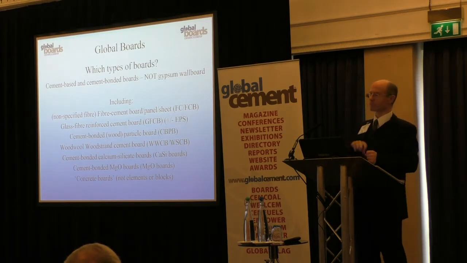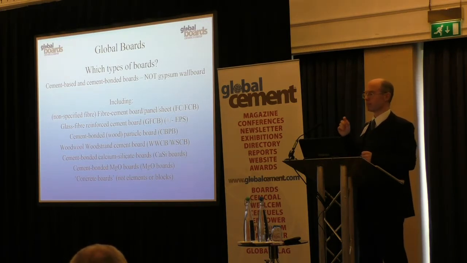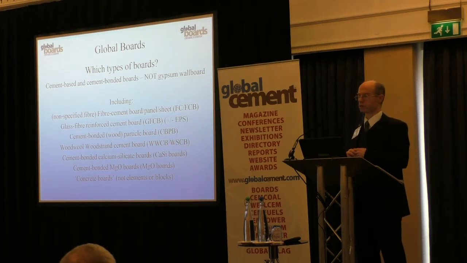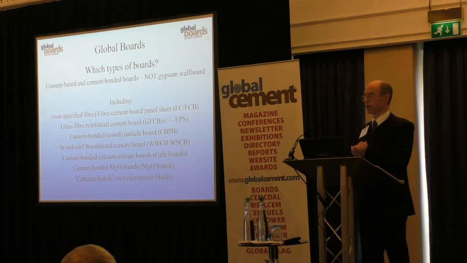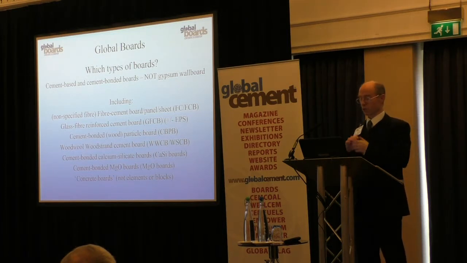And then again, cement bonded boards, but really outside of the fibre cement board category, you would have the calcium silicate boards, which are cement bonded to a certain degree, and magnesium oxide boards, MgO boards, which again are cement bonded.